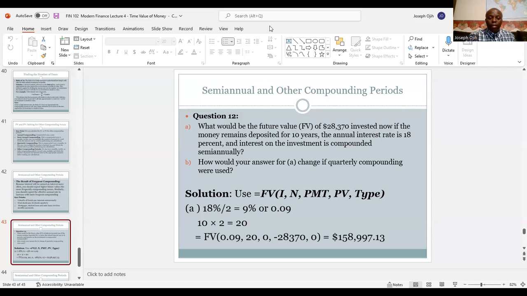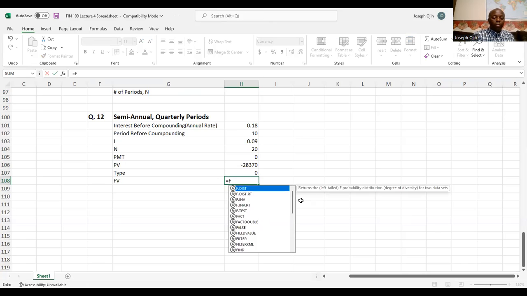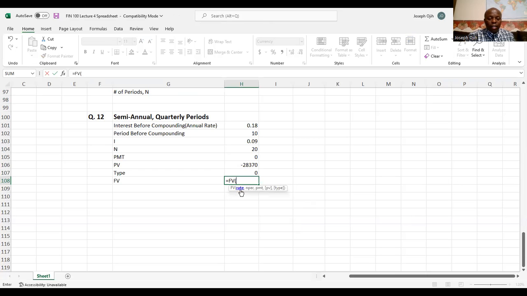So let's go and do that. Put the equal sign first. Future value, FV, opening parenthesis. We're not using 18% because that is for annual compoundment. We're using 9%, which is semi-annual. Click on that, put a comma. For number of periods, we're not using 10 years, because 10 years represents annual, but we're using semi-annual, which is 20.